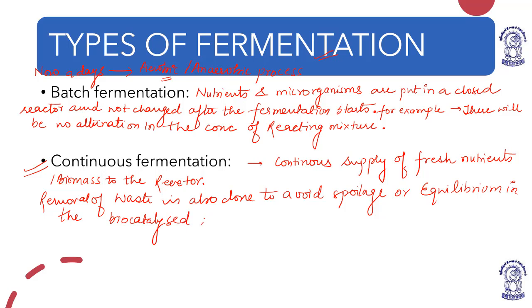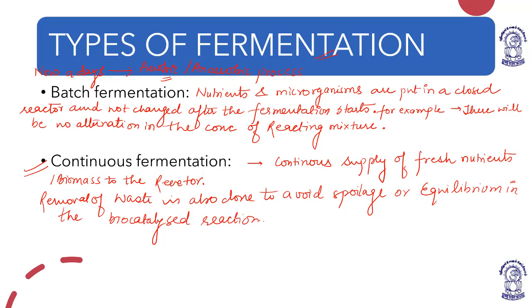Is it clear? So in batch fermentation, once we have started the process, we don't need to add anything. But in continuous fermentation, we need to supply continuous nutrients so that fresh nutrients can be consumed and waste can be produced.